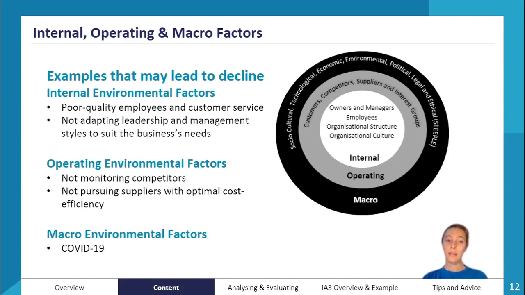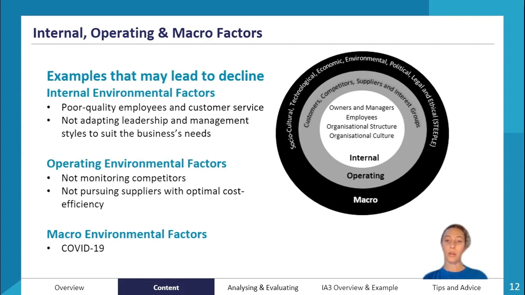Operating is more of the outside, I suppose, where it is the walls of the building. You've got customers, competitors, suppliers, and interest groups. So all of the different people who make the business go around.